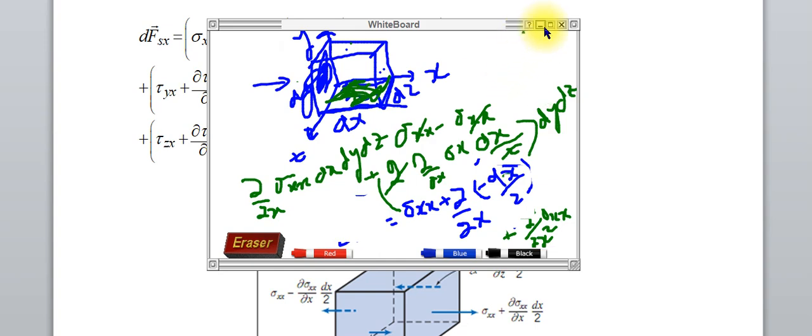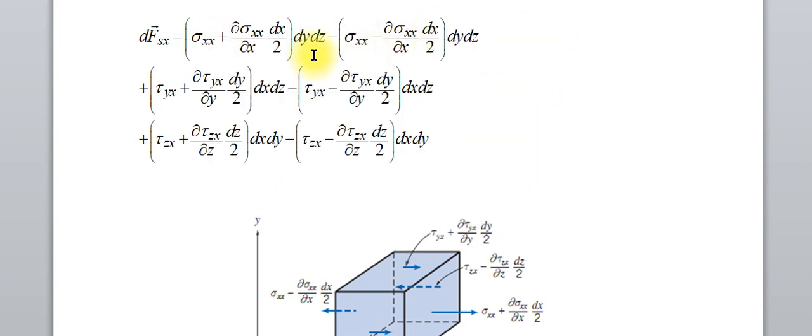This comes from this one, and from this one again tau yx will be cancelled with minus tau yx, and we will just have two times this thing divided by 2. So we will have partial by partial y of tau yx dx dy dz, and similarly partial by partial z of tau zx dx dy dz.